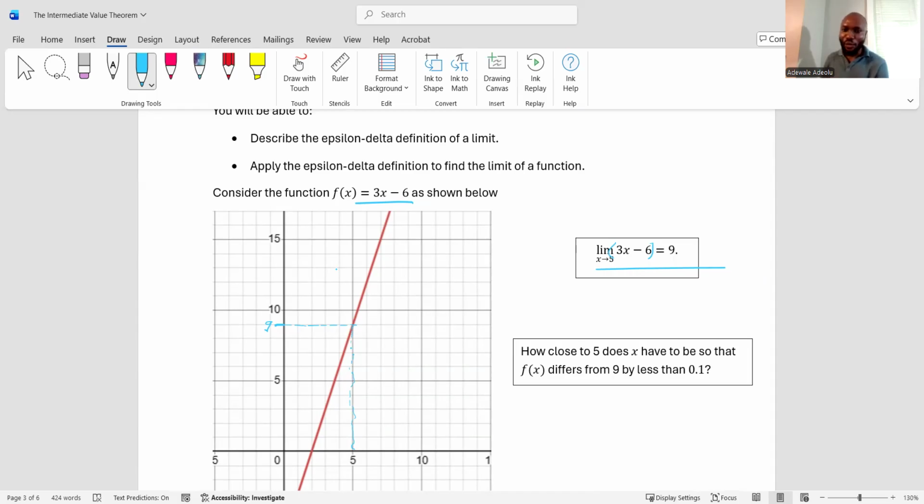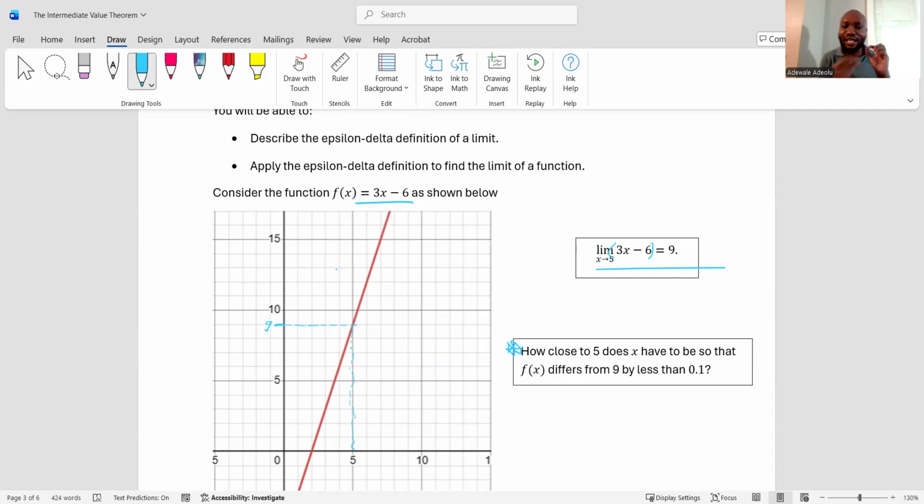Now, we can ask this question. How close to 5 does x have to be so that f of x differs from 9 by less than 0.1? That is, how close do we have to get to 5 so that the function value, that limit value, will be less than 0.1?